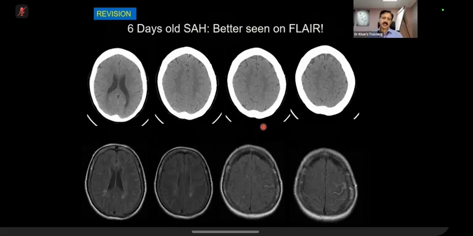Okay, now if you see here, this is a revision from your first basic session. This is a 6 day old subarachnoid hemorrhage, which was not at all visible at that stage in the CT scan. Here on the MR, there is bright signal within the sulci.